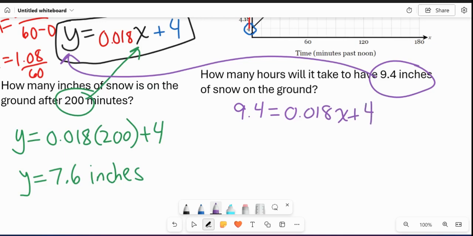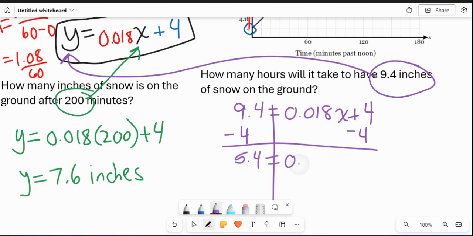So this one requires a little bit more work because we have a two-step equation, right? Minus 4 from both sides. And we get 5.4. 9.4 minus 4 is 5.4, equals 0.018x. Divide both sides by 0.018.